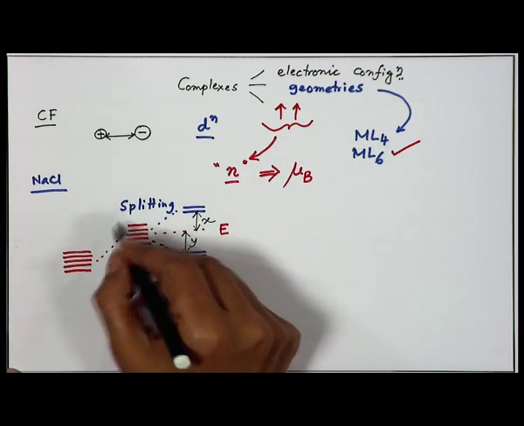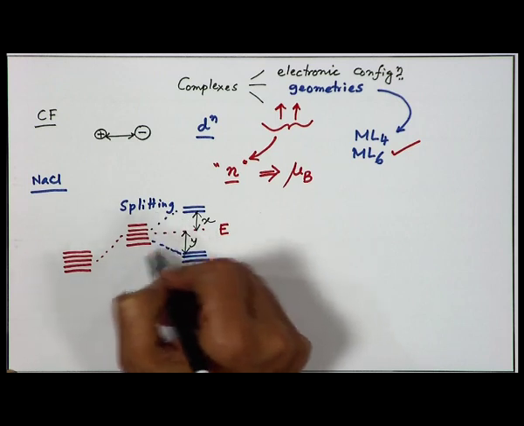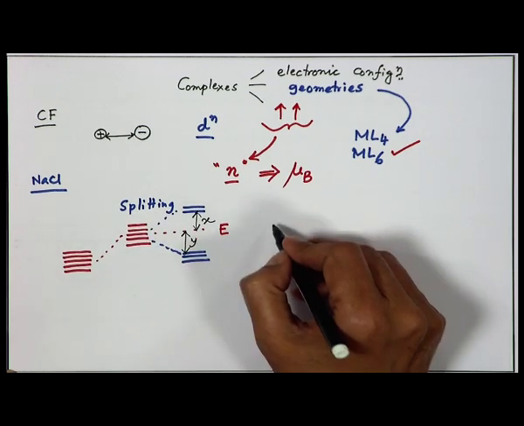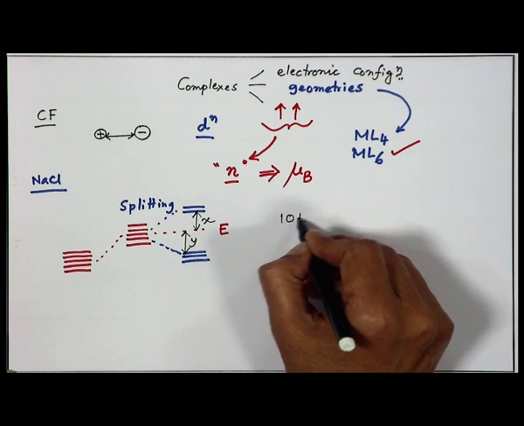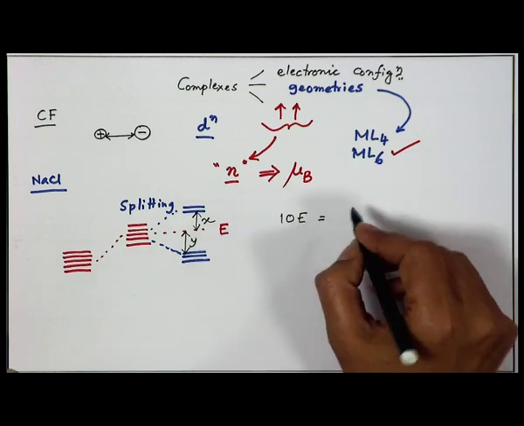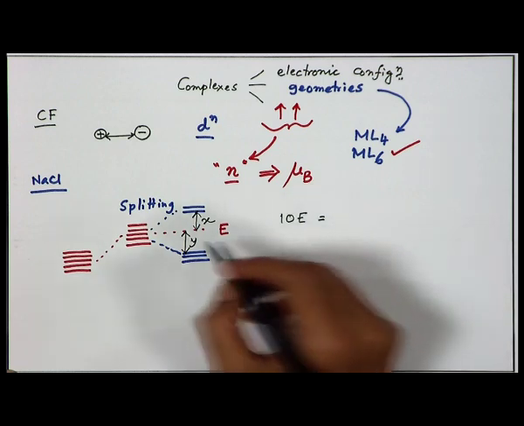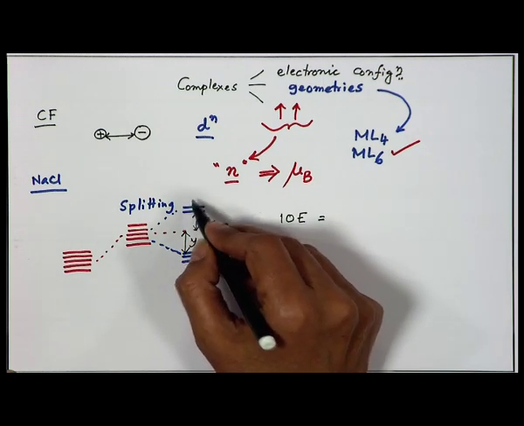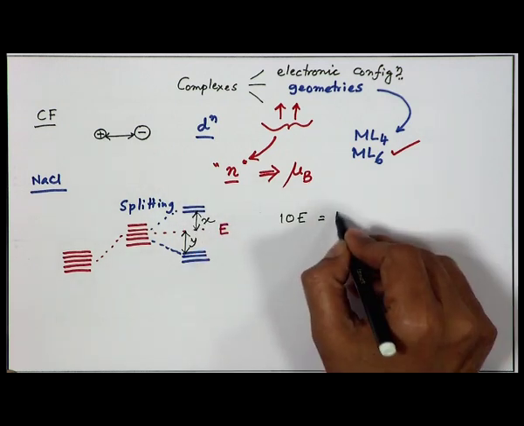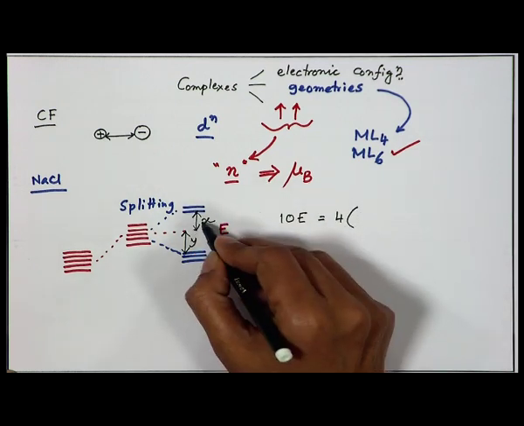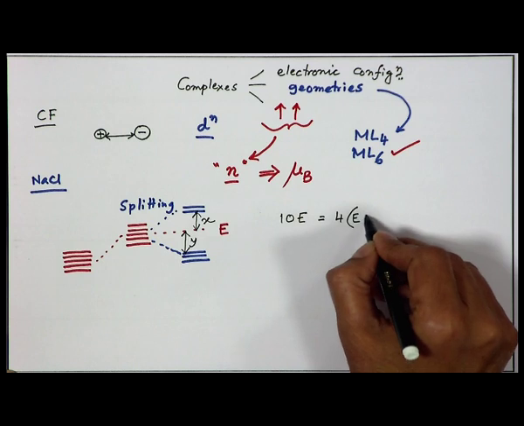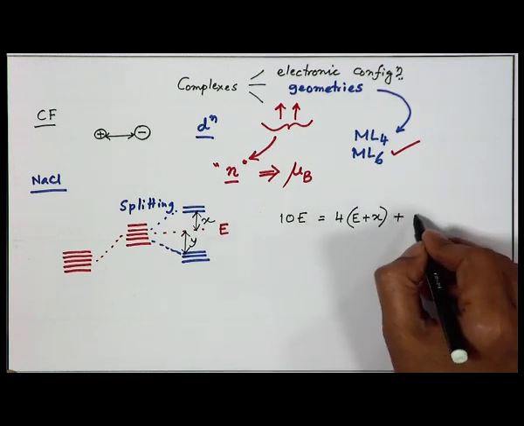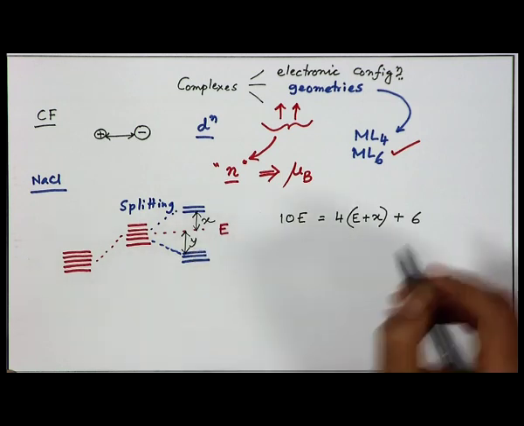So, the available capacity of all the 5 d orbitals is 10 electrons. Before splitting the energy will be 10 E, and after splitting we see that the 2 levels can occupy 4 electrons, so it will be 4 into (E plus x), plus 6 into (E minus y).